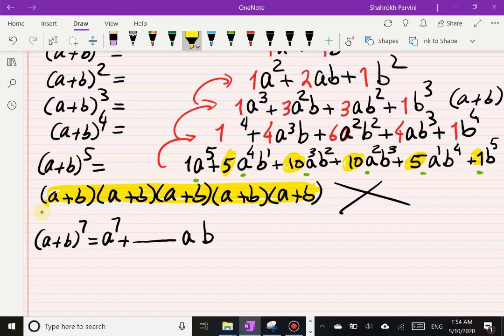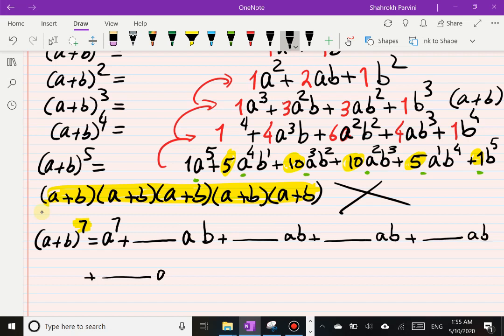The exponent is 7 right in here. So we're going to have 8 terms, correct? 8 terms, one more than the exponent. So that's 2, 3, 4 terms, 5, 6 terms, 7 terms, and remember the 8th, which is the last one, is going to be b to the 7th power.